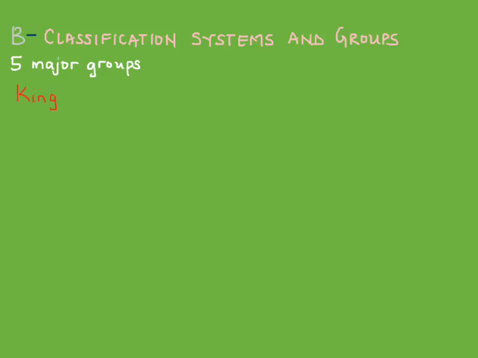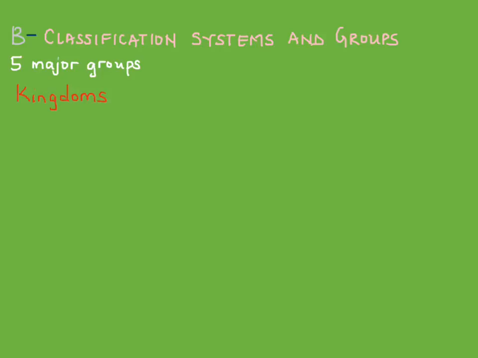Classification started from the time when people first started to study organisms. There are many different systems of classification. In the system most widely used these days, organisms are divided into 5 major groups called kingdoms.